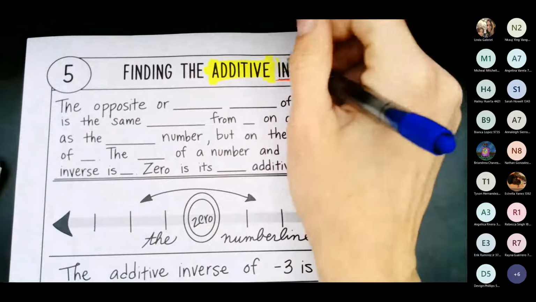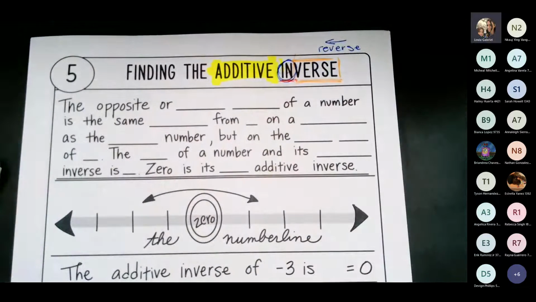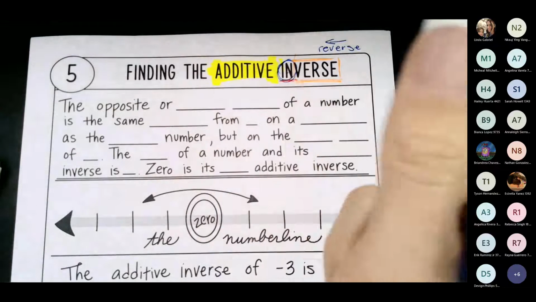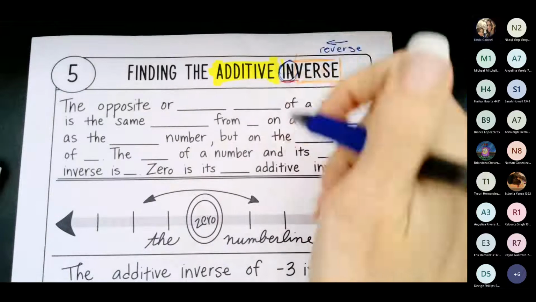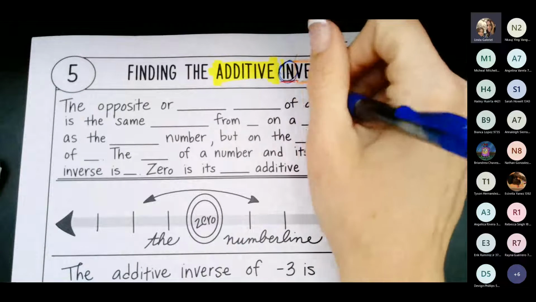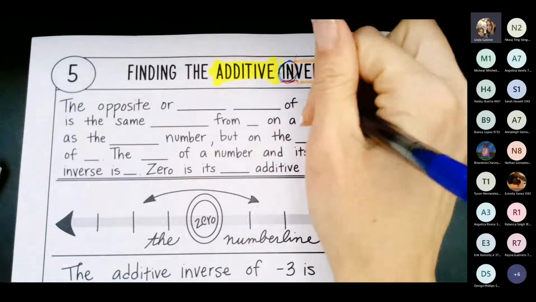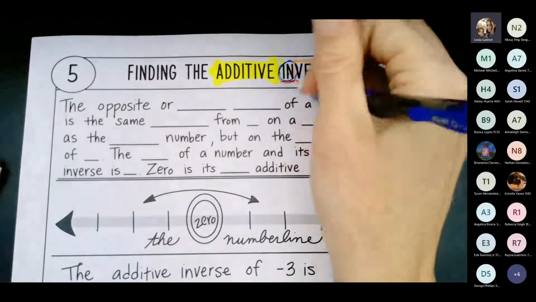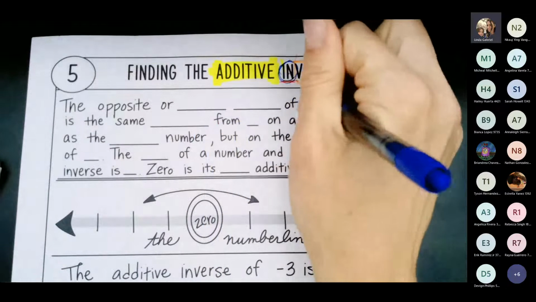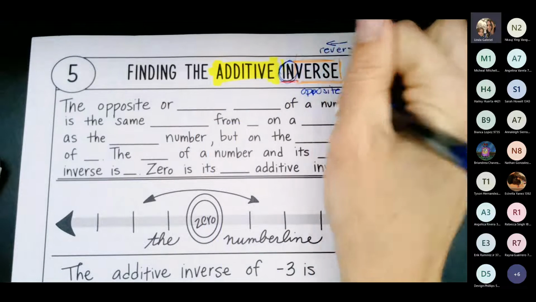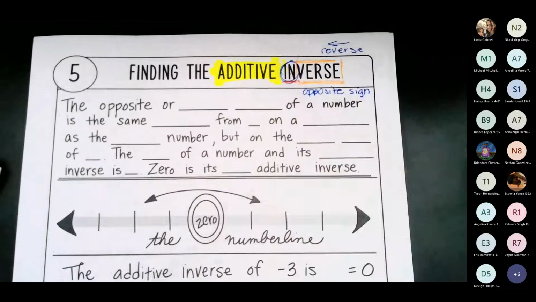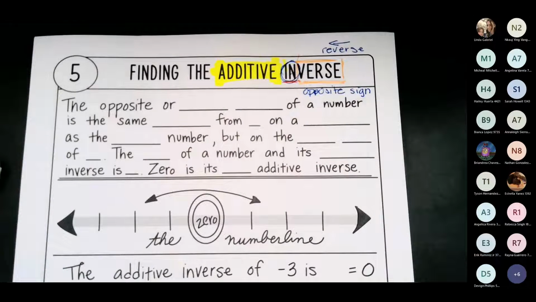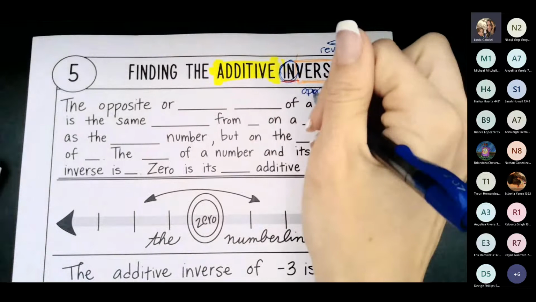Inverse, I don't know if you guys know the word invert, when you mix something up, or introvert. It means inverse, to take what you have and put it inside. But in math, it's going to mean opposite sign. Sorry, guys, I do have terrible handwriting. It's opposite.